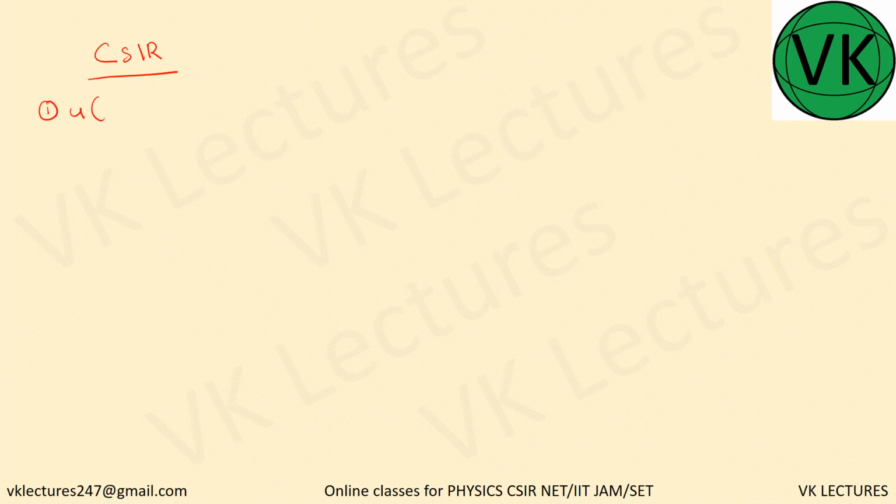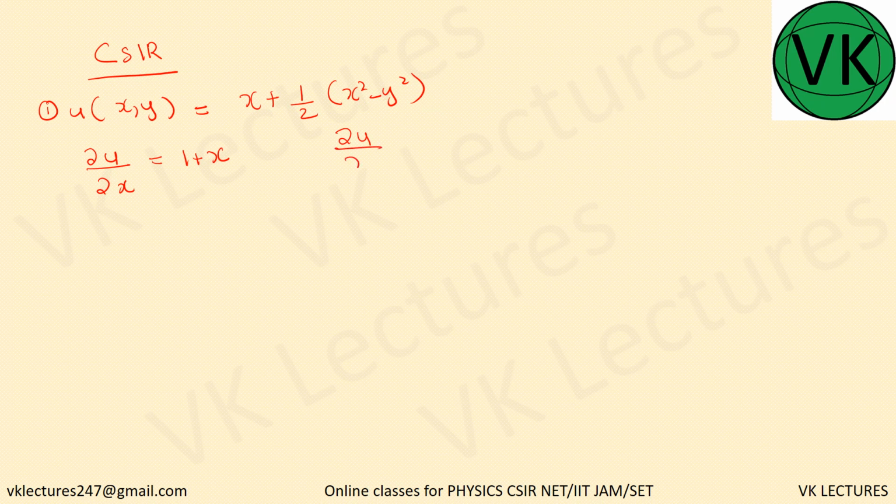u of xy is equal to x plus half x square minus y square. So dou u by dou x is equal to 1 plus x, and dou u by dou y is equal to minus y.